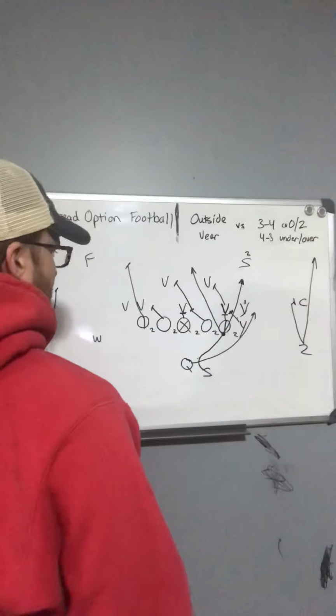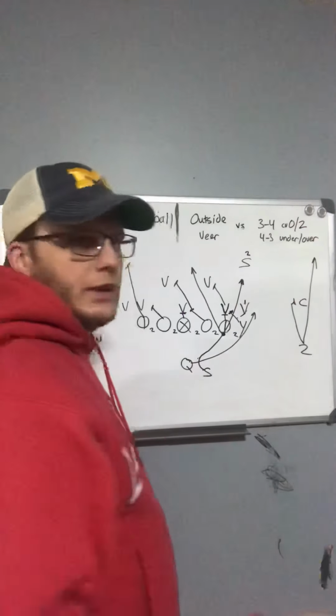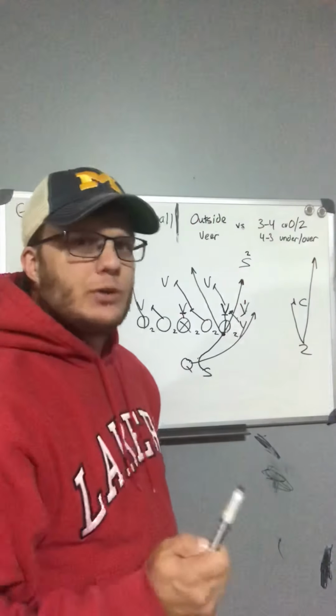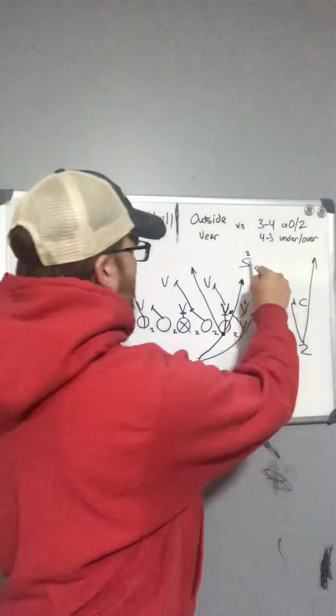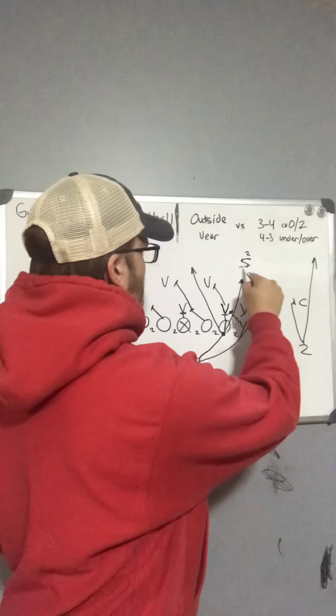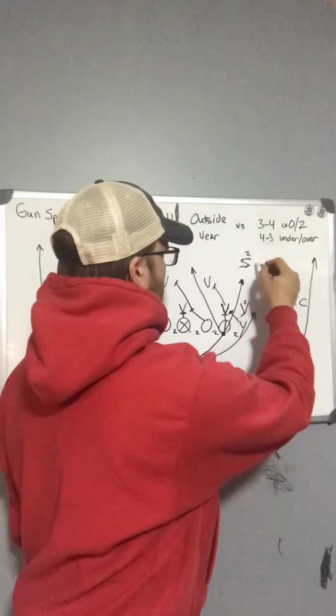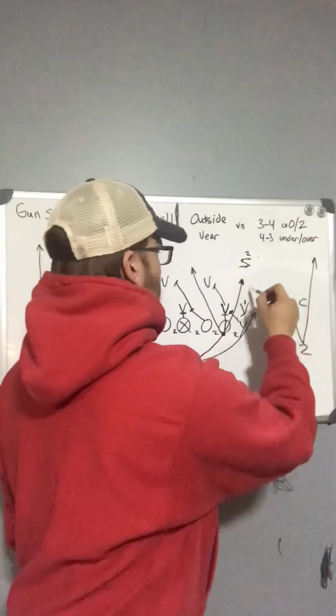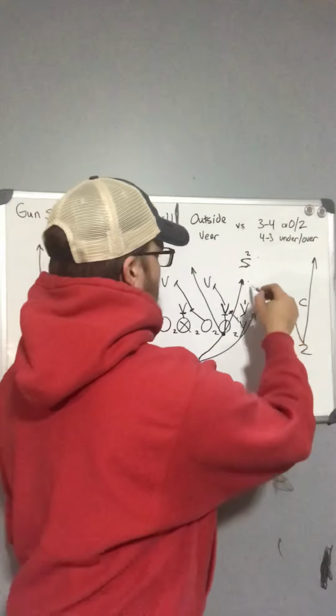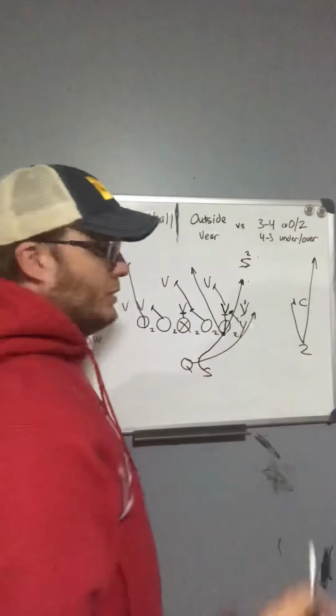That leads me to the other thing that gives you an option on this play, and that's this strong safety. How aggressive is that strong safety? What's his depth? Is he back at 12 yards? Is he up at 8 yards? Does he look like he's up at 4? Is he going to blitz?